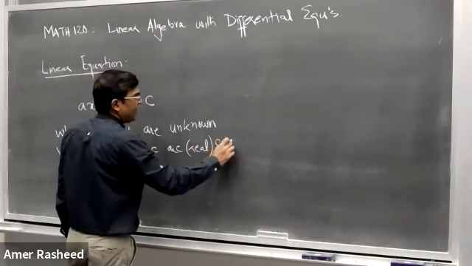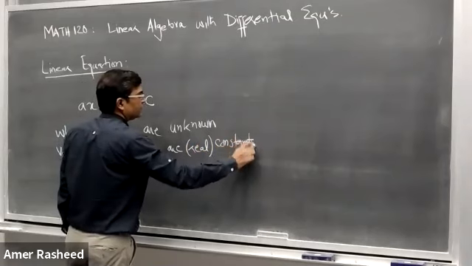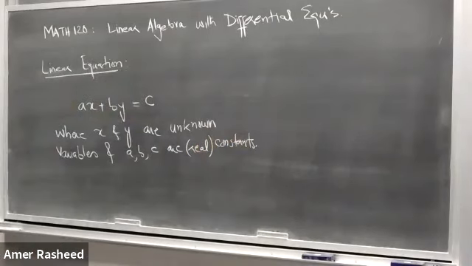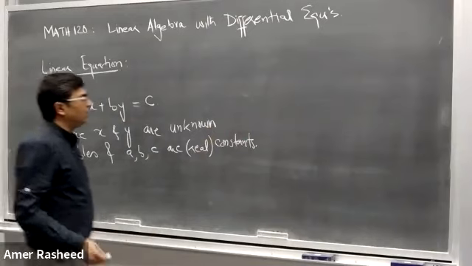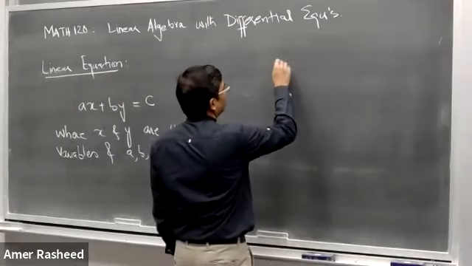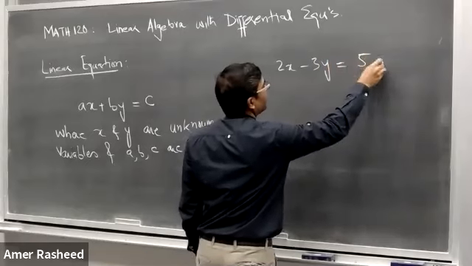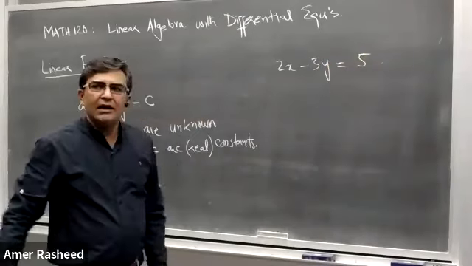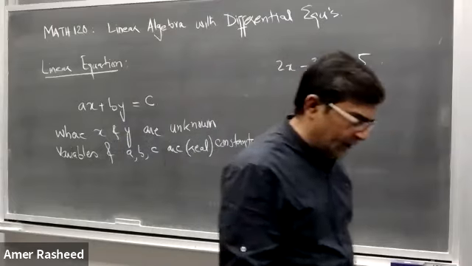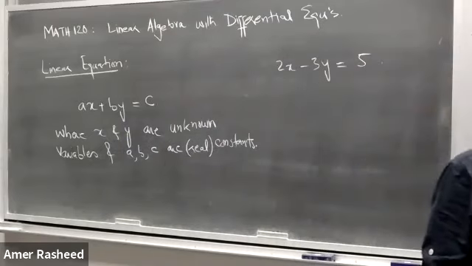Real constant means they are real numbers. An example of this could be 2x minus 3y is equal to 5. So this is a linear equation in two variables.